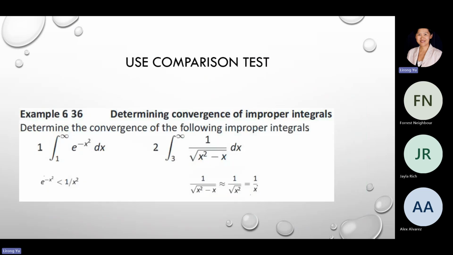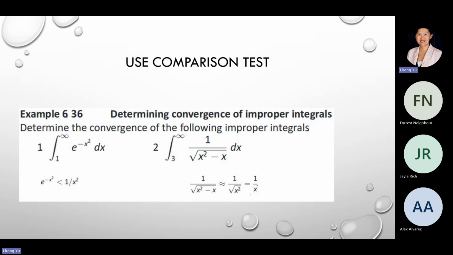Okay, for example, here on the board are two scenarios. The first one is one of those situations where we do not have an antiderivative, so we will not be able to come up with a formula for the integration of e to the negative x squared. How do you integrate that? There's no formula. So let's relax that. E to the negative x squared is really small, but for any x value bigger than 1, e to the negative x squared is smaller than 1 over x squared.